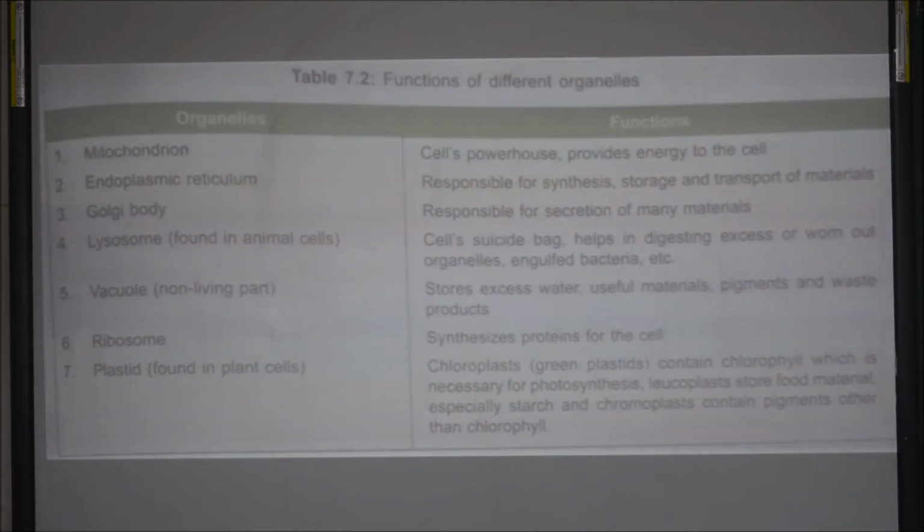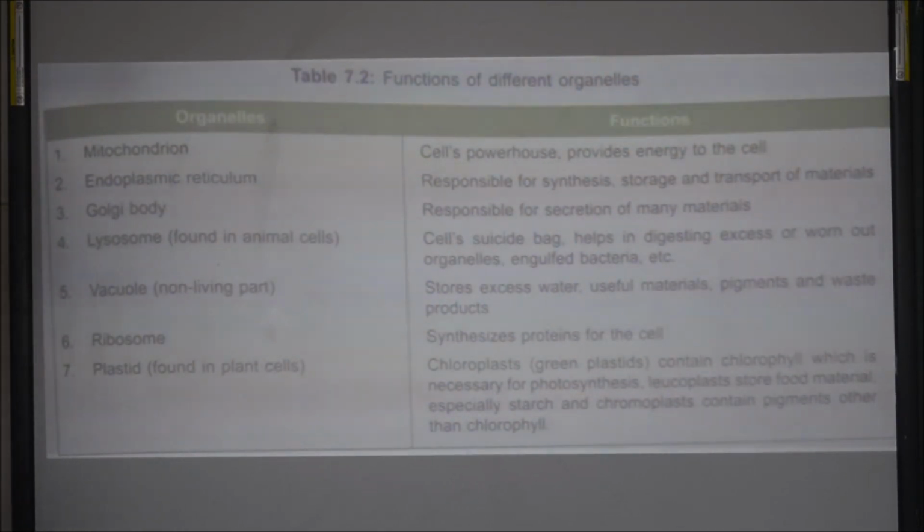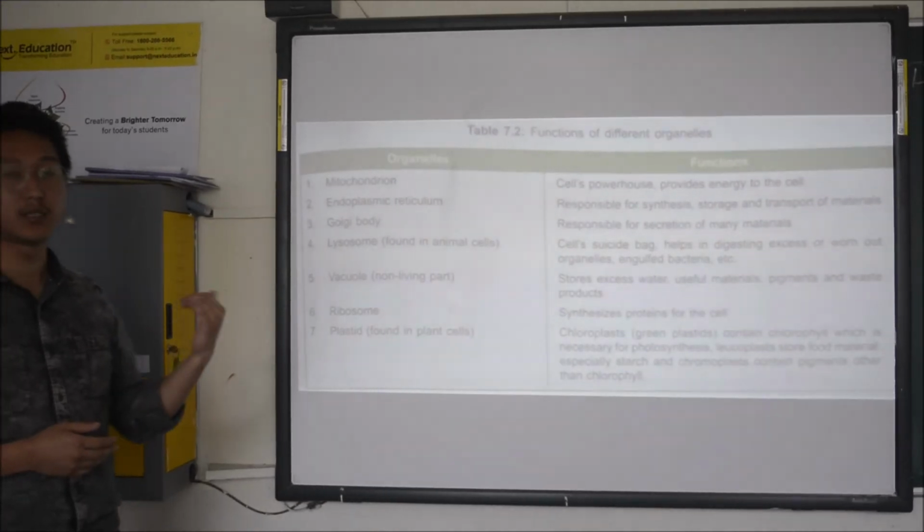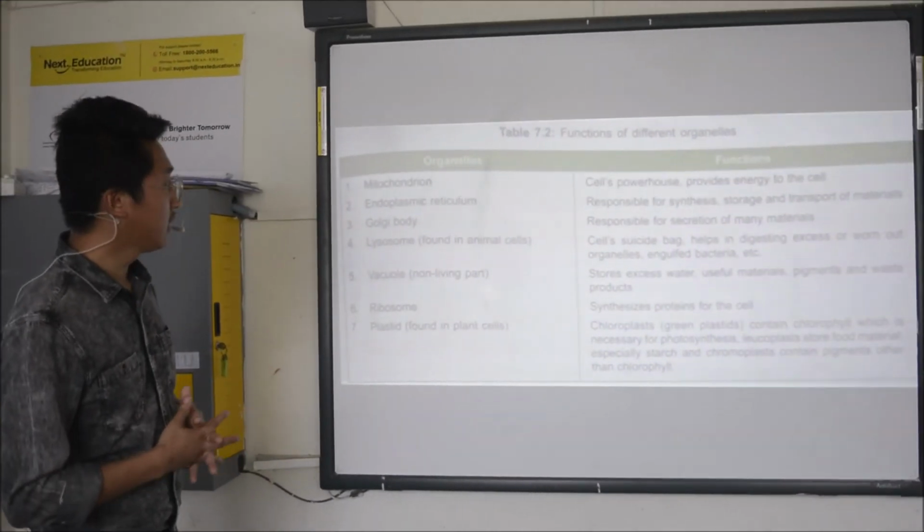Its function is as a cell suicide bag, helping in digesting excess or worn out organelles and engulfing bacteria. If any organelles inside the cell are damaged, the lysosome acts as a suicidal bag and helps in digesting those damaged cell organelles.